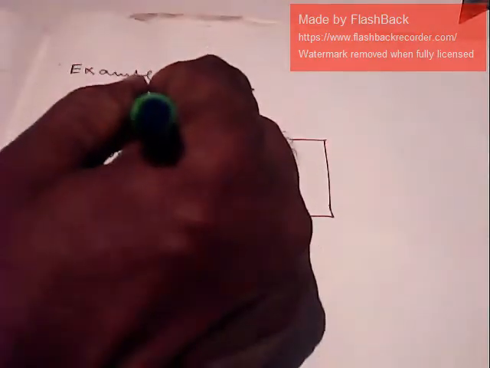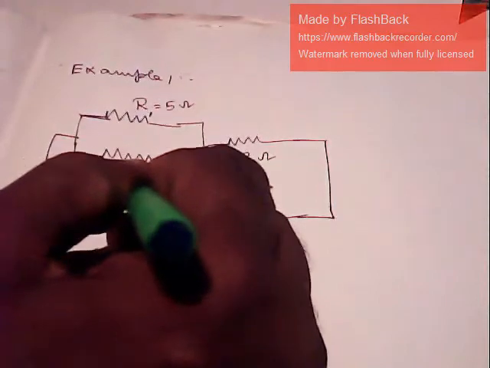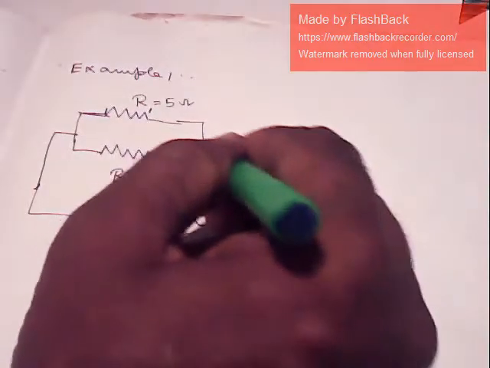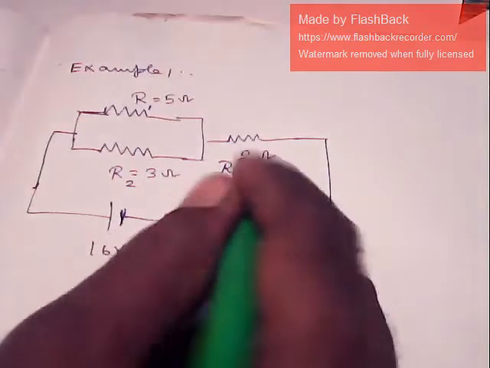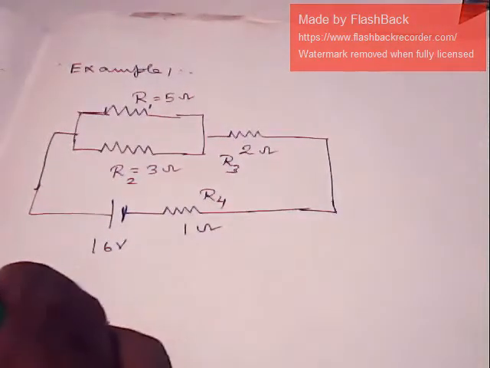So let me take this as R1, this as R2, this as R3, and this is R4.